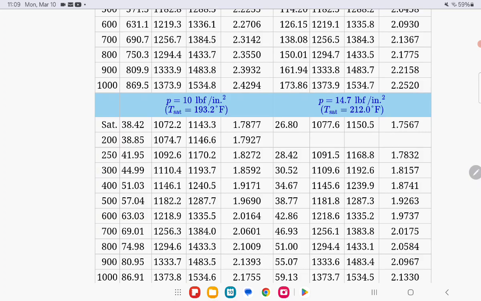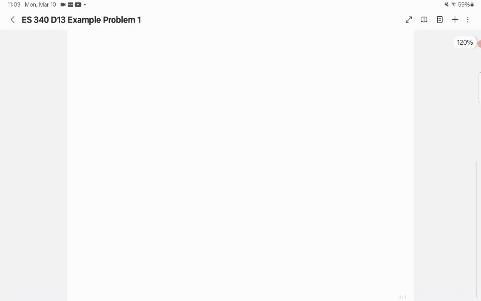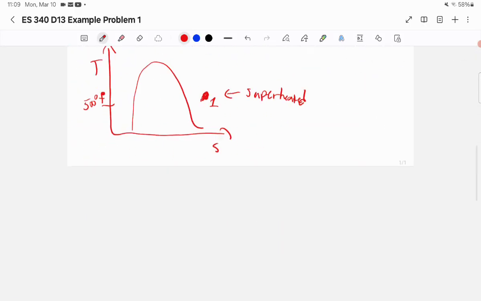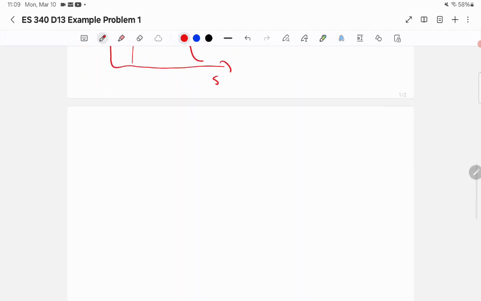At pressure 14.7 and temperature 500, that gives me 1.9263. So S1 is equal to 1.9263 BTU per pound degree Rankine. Sorry, not Fahrenheit. Okay, that's my value for S1.